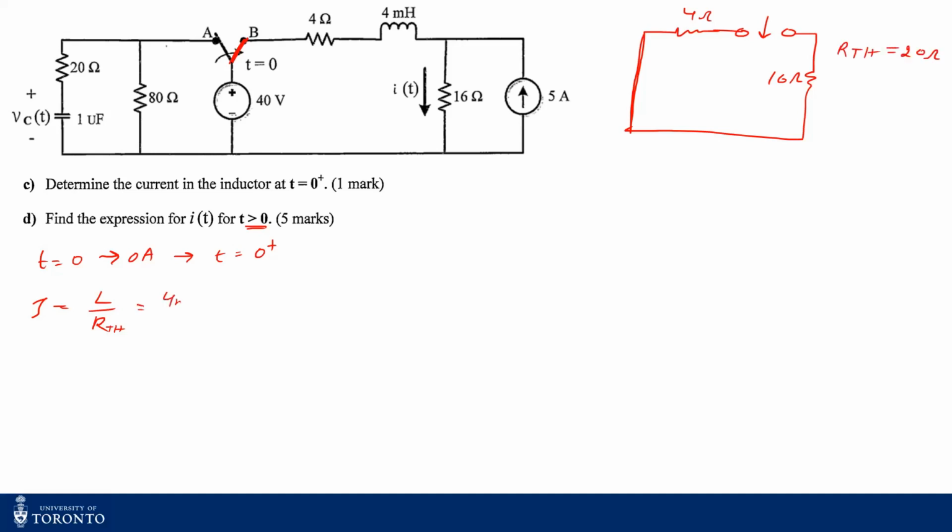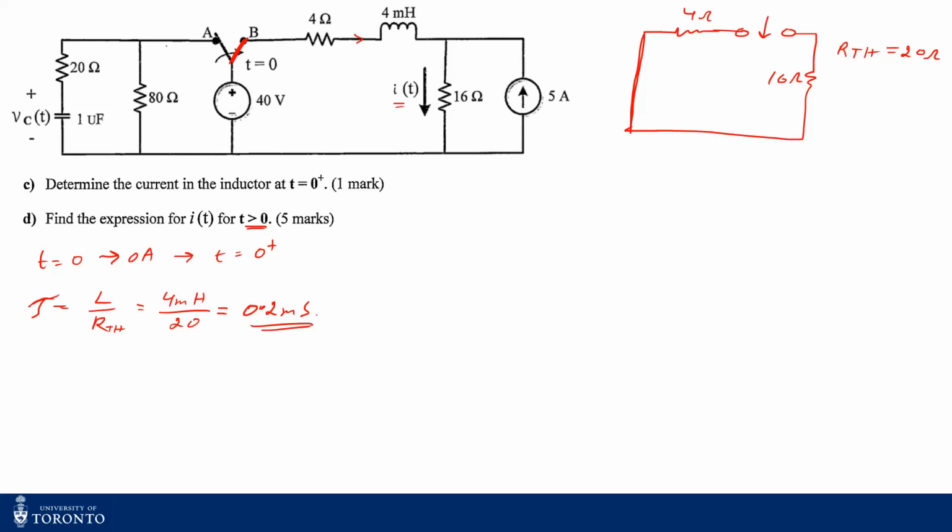So what's my tau in this case? My tau is just 0.2 millisecond, because the transient will be governed by the inductor in this case. The transient of i(t), the current through the inductor, everything will be governed by this tau.